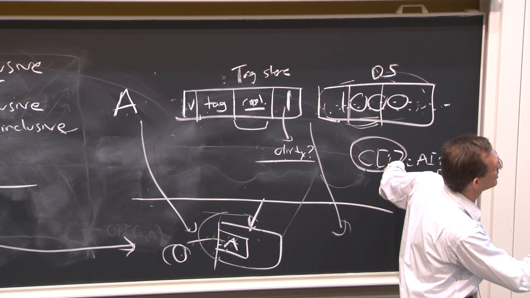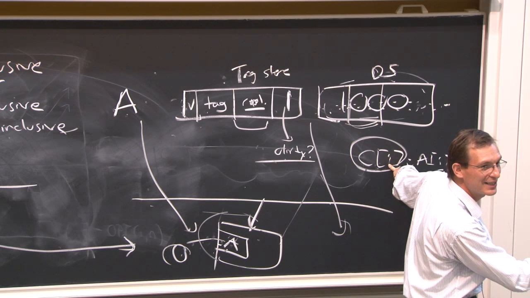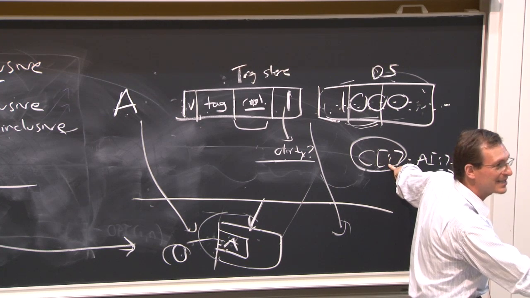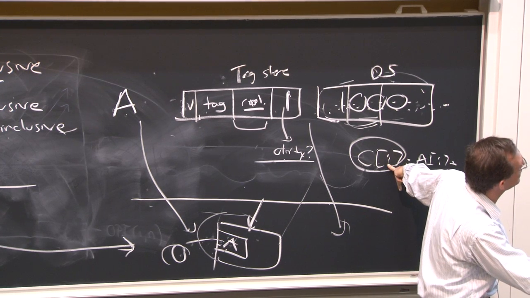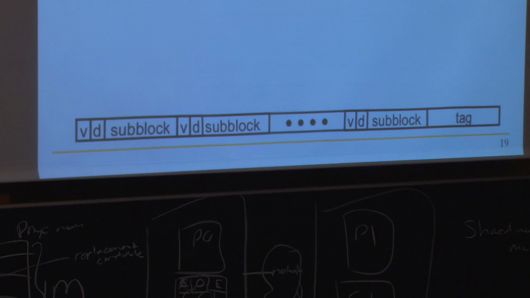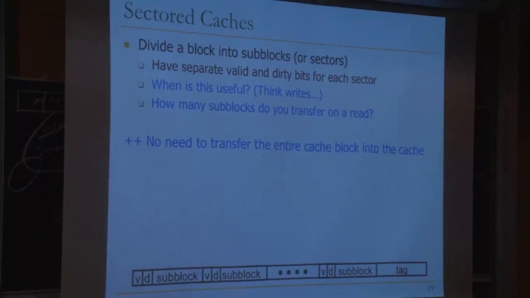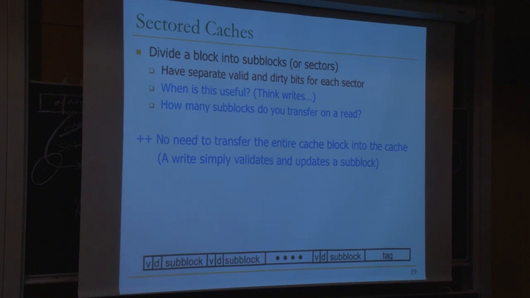You validate and dirty that subblock. In the next iteration, you write C2. Next iteration, you write C3. So that streaming write now validates the entire block, and you've never brought the block from memory to the cache. So you've saved bandwidth by doing this. Basically, no need to transfer the entire block into the cache. A write simply validates and updates a subblock.